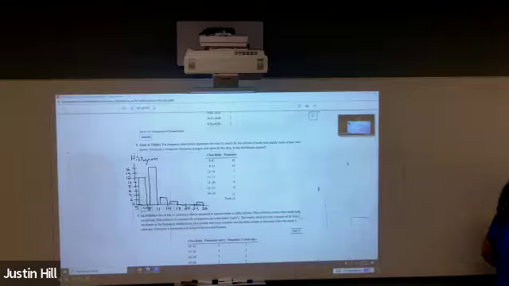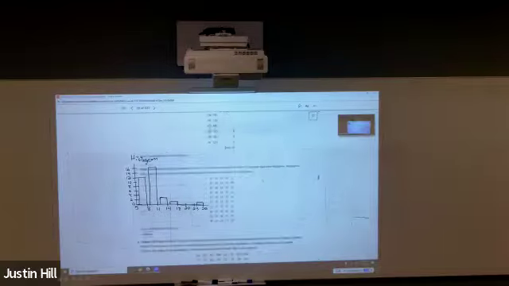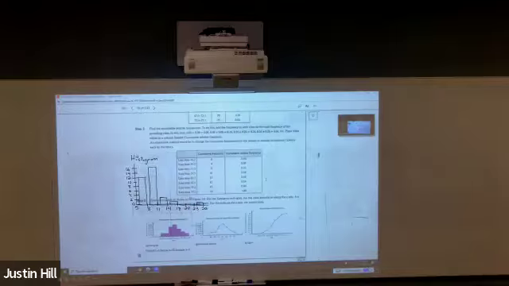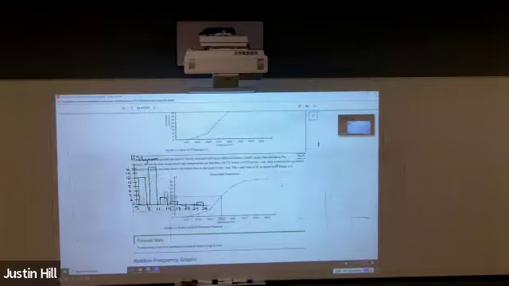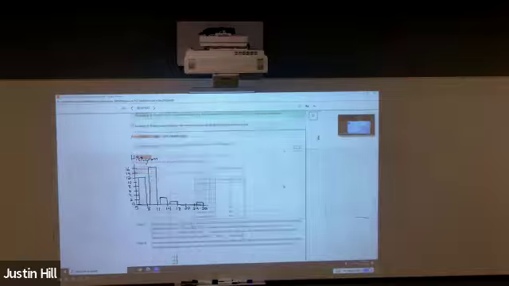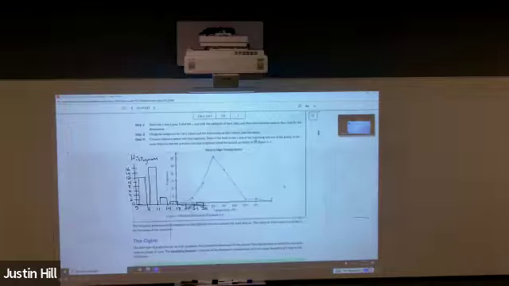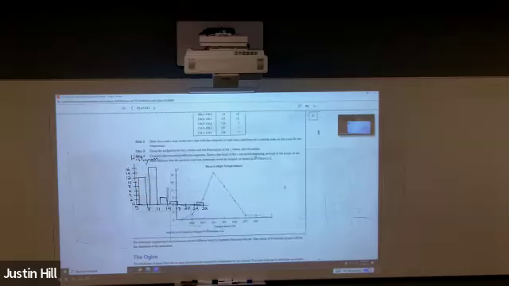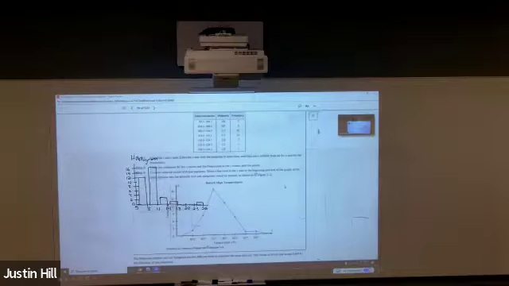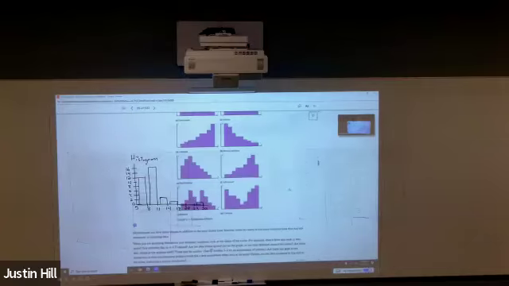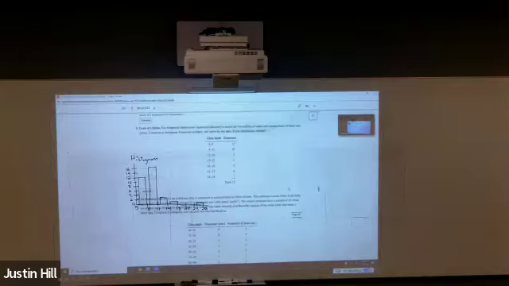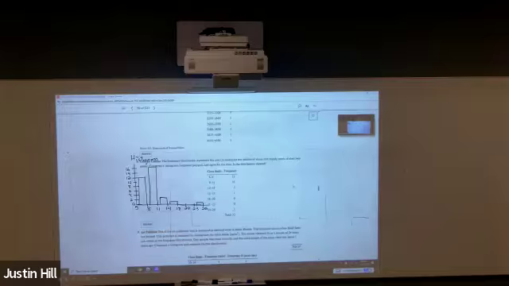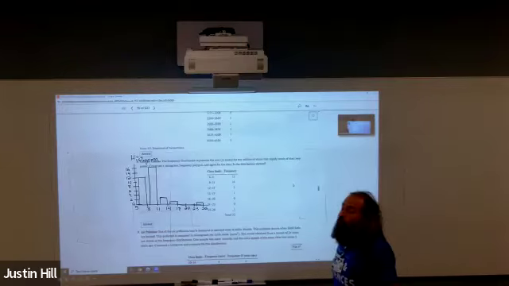Let me actually check on the polygon. So that's the histogram of the data.